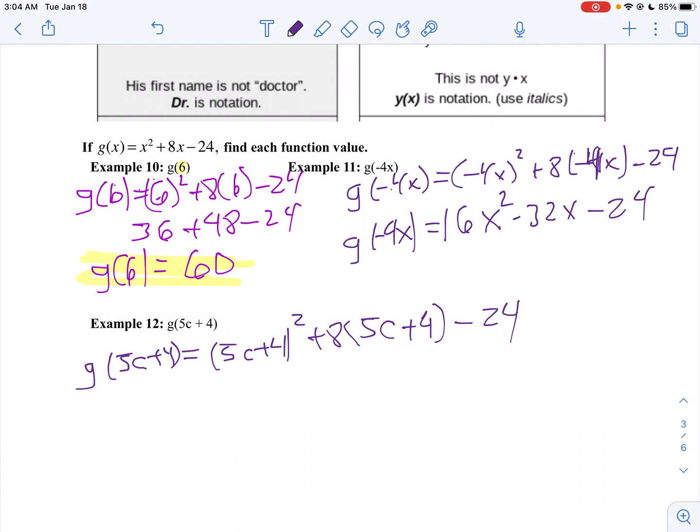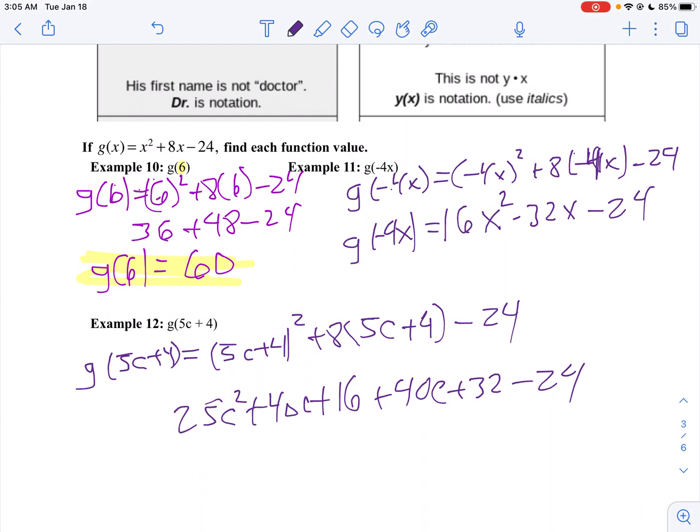When I square 5c plus 4, we get 25c squared plus 40c plus 16. Distribute the 8, and so we get plus 40c. And 8 times 4 is 32, and we subtract 24.